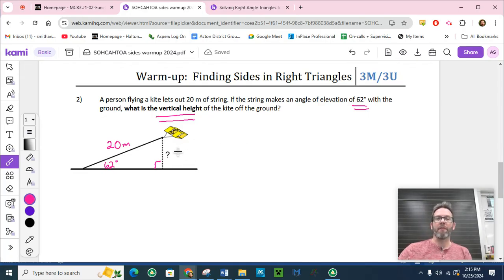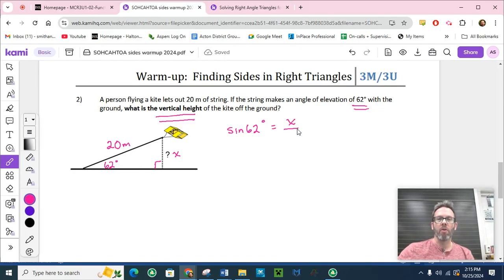What variable did you pick for your kite? Did you just leave it as a question mark? Did you use an H? You use an X? X is fine. I'll use X as well. And I will do the minimum work here. We're in grade 11. We don't need to take 5 minutes of work to do every SOHCAHTOA problem. We'll be moving beyond that.